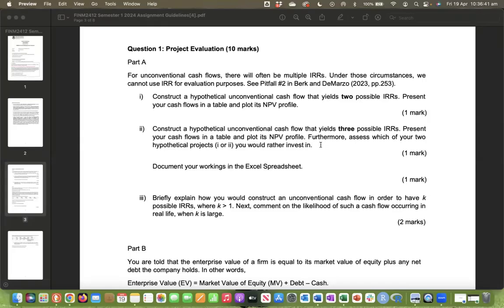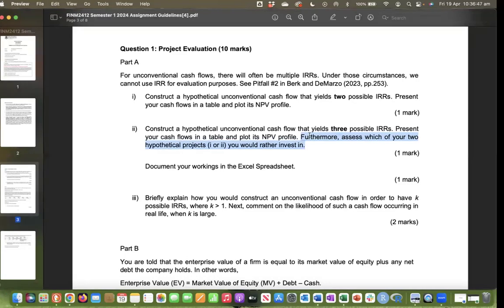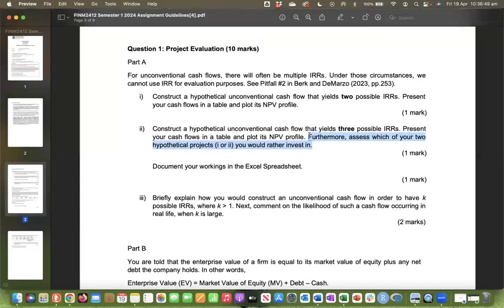And the only other part of this question is assess which of your 2 hypothetical projects you would rather invest in. And so that will stem from what your 2 possible IRR NPV profile and 3 possible IRR NPV profile produced, and you'll be able to draw a conclusion from that.